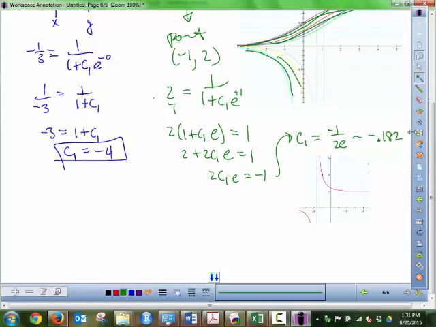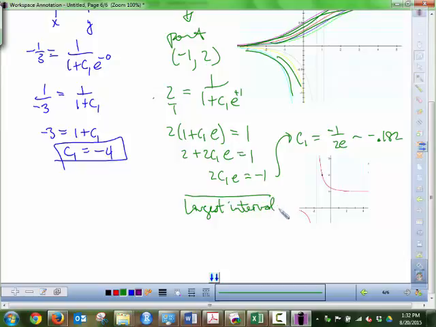One of the other questions that they usually ask is, what is the largest interval that would have the solution? So let's add on to this question, what is the largest interval for this solution?